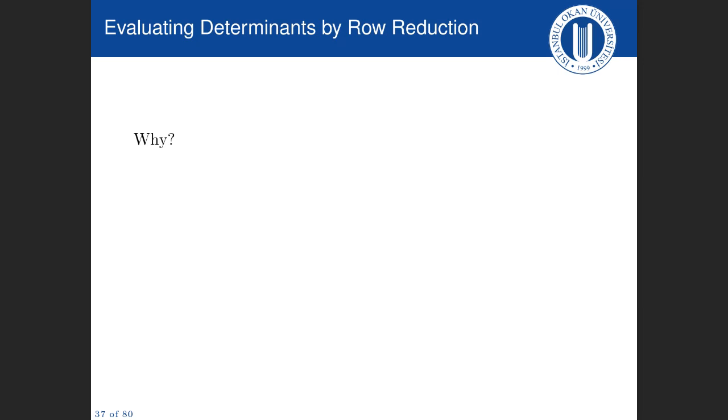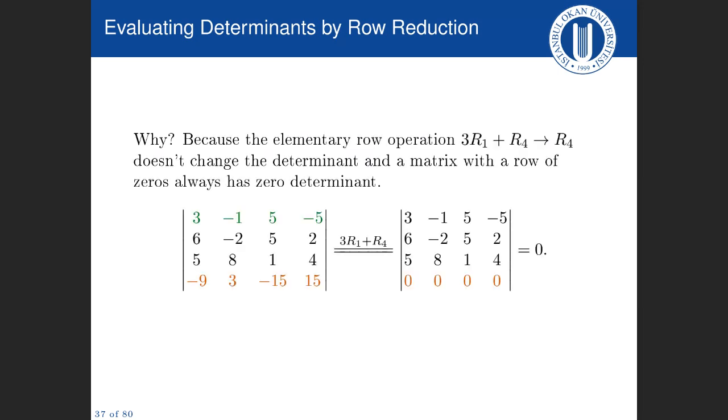Why? Well, let me show you an example. Remember that the elementary row operation 3 times row 1 plus row 4 goes to row 4 doesn't change the determinant of a matrix. And the second thing to remember is a matrix which has a row of zeros always has 0 determinant.